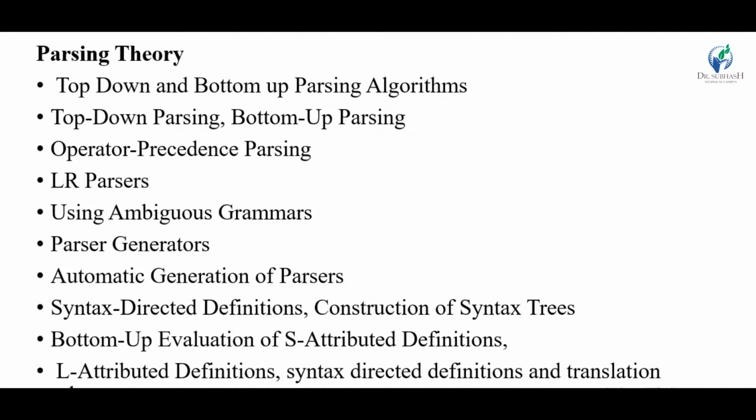A syntax directed definition is L-attributed if each inherited attribute of Xj, where 1 ≤ j ≤ n, on the right side of any production depends only on the attributes of the symbols to the left of Xj in the production. Then the second one is the inherited attribute of A. Then syntax directed definitions and translation schemes.